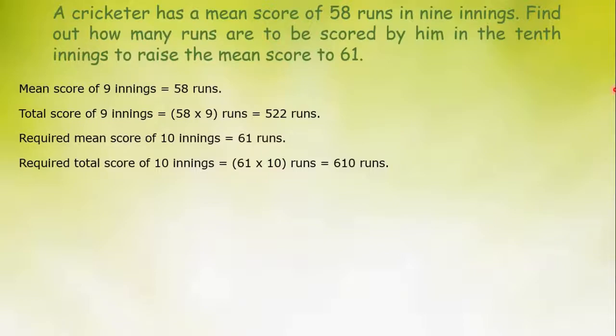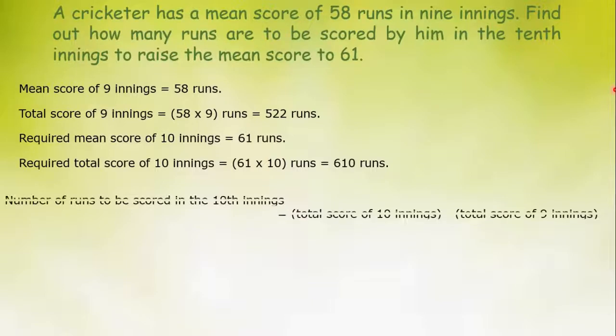So, how can we find the number of runs to be scored in the 10th innings? Number of runs to be scored in the 10th innings will be the difference between total score of 9 innings and total score of 10 innings. Correct? Yes.